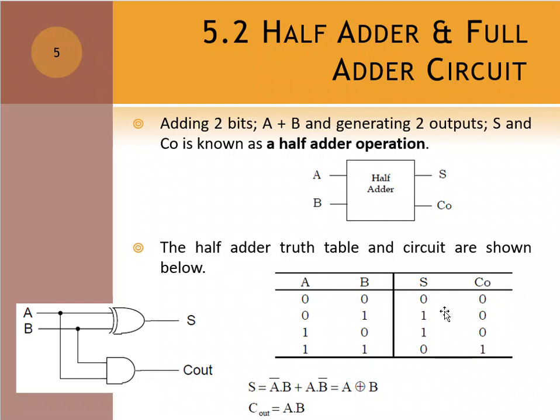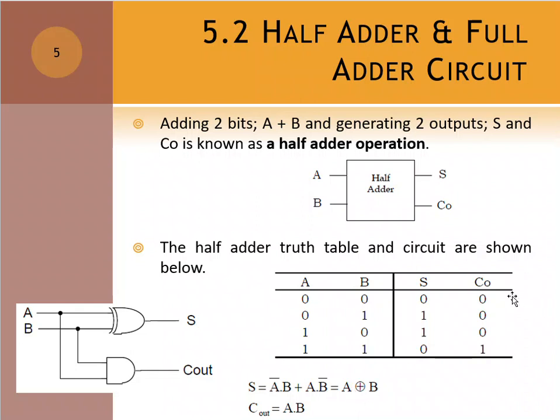To write an SOP, we have to consider the output 1, then check which rows give you output 1: A0, B1, so A bar dot B, plus A dot B bar. Then if you recall from chapter 2, A bar dot B plus A dot B bar is actually the full expression for A XOR B.